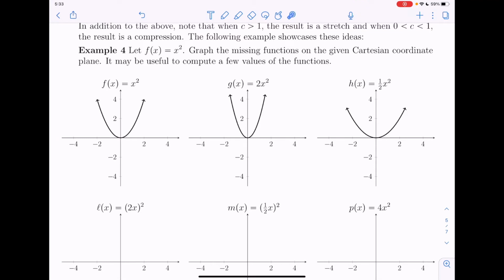So what we have is f of x equals x squared. That's this unadulterated standard quadratic on the left. And what we see is the following.